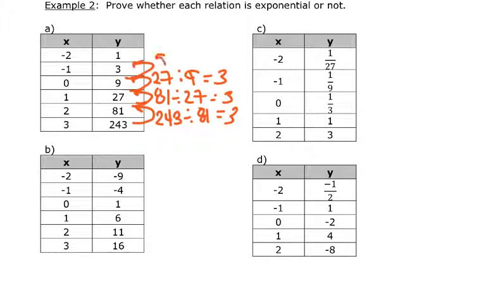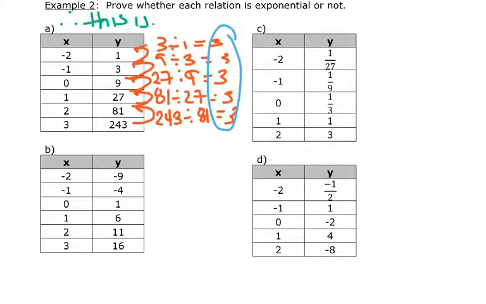And then 9 divided by 3 also equals 3. And then finally, 3 divided by 1 equals 3. All these numbers are the same, so we have a pattern. If when we divide the bottom number by the top number over and over again, we get the same number, we can prove that this is exponential. This is exponential.